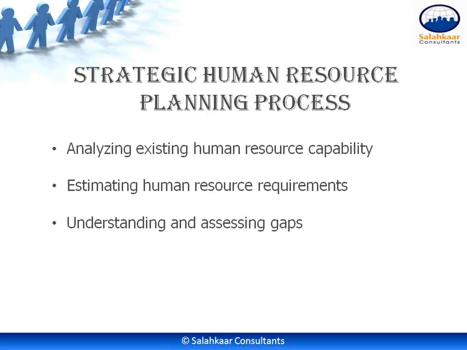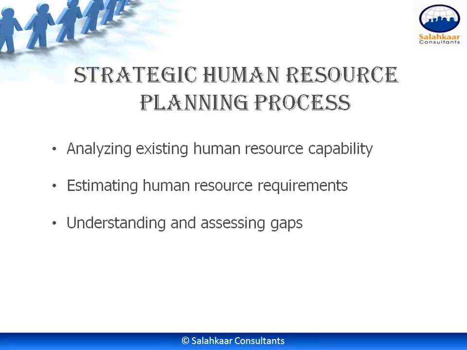Next is estimating human resource requirement. It all depends upon the situation and the context. That means how much job do I have, and vis-a-vis the job that I have, how many people do I require to complete it. So it requires a rough estimation and an intuition. This estimation and intuition has to get converted into a very intelligent guessing, and human resource managers do a very effective job of intelligent guessing.